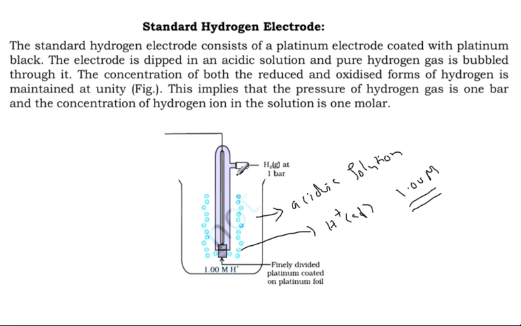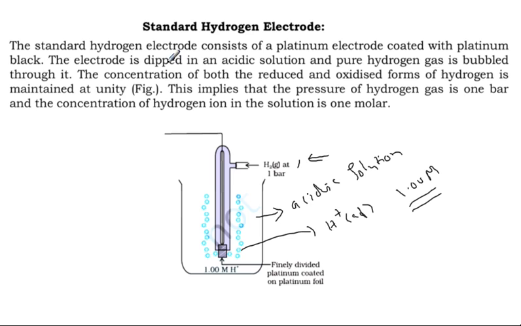Hydrogen gas is bubbled into the acidic solution at 1 bar pressure. So H2 is converted into H+, or H+ is converted into H2, and this maintains the electrode potential at 0. This is the standard hydrogen potential.